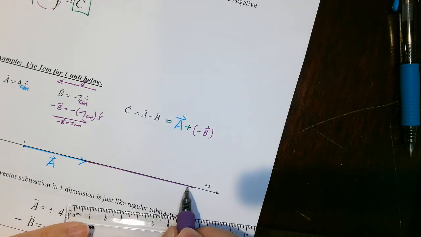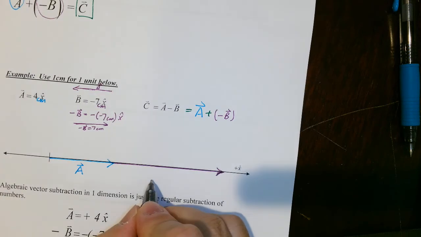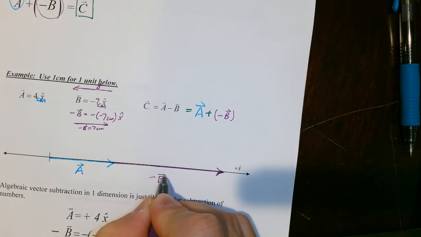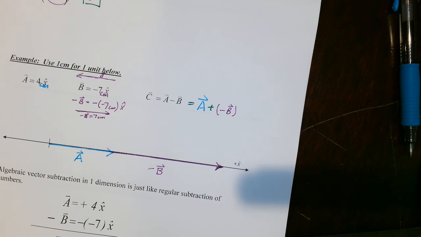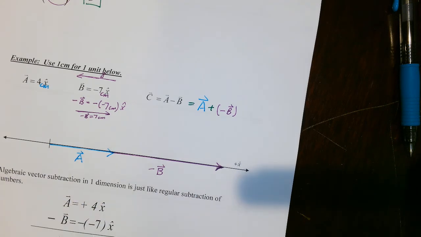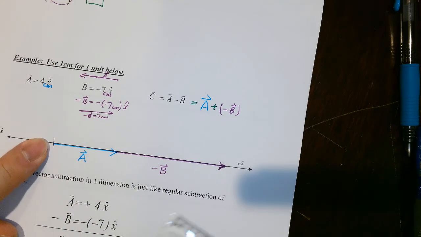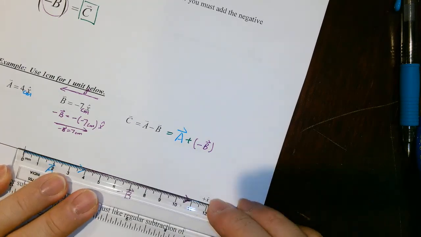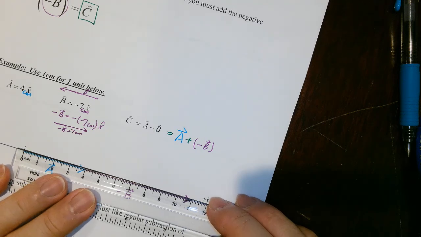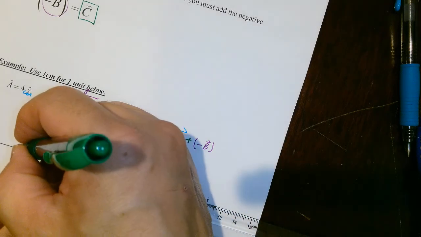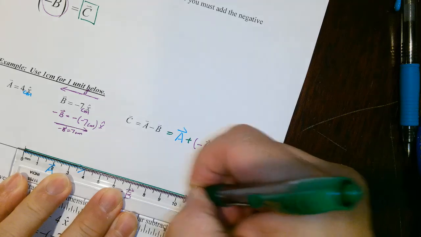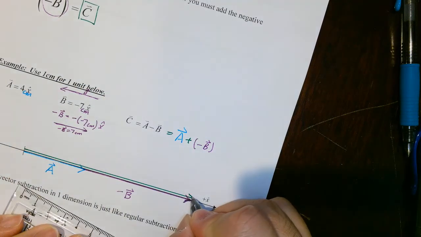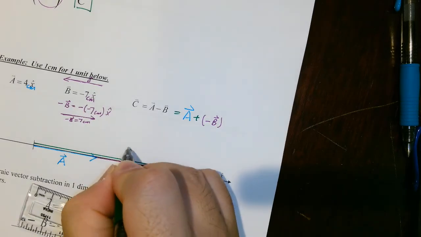Therefore, my resultant vector will start from the tail of my first vector, which is a, and connect to the head of my last vector that I'm adding, which is the tip of negative b. That's my c vector.